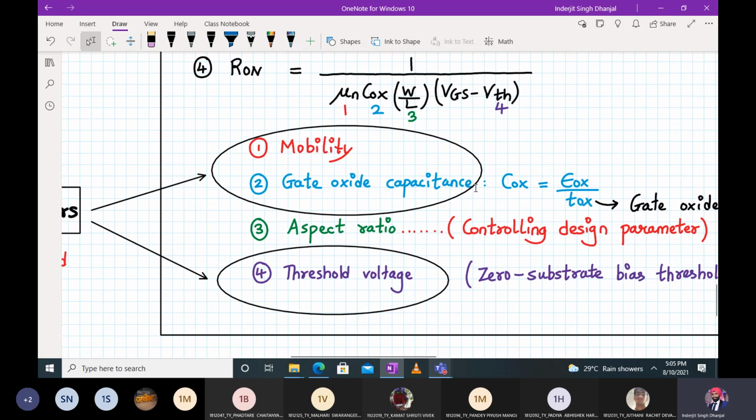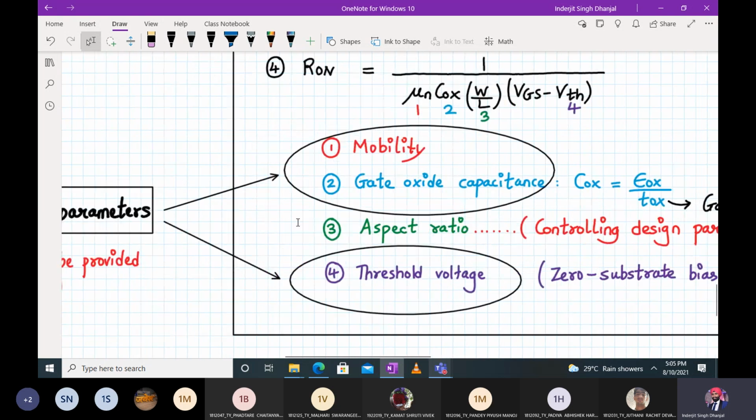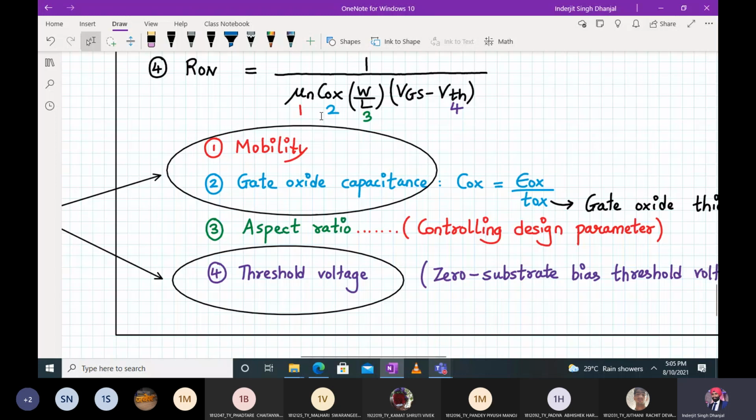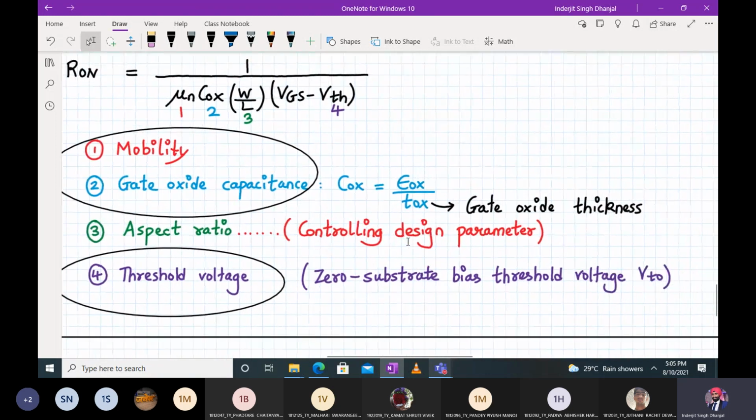Now, out of these, mobility, gate oxide capacitance, and the threshold voltage are all technology parameters. You must have heard of 90 nanometer technology, 45 nanometer technology. So all are technology parameters whose values are provided by the foundry. So these are constants. These parameters are not in our hand, right? Correct.